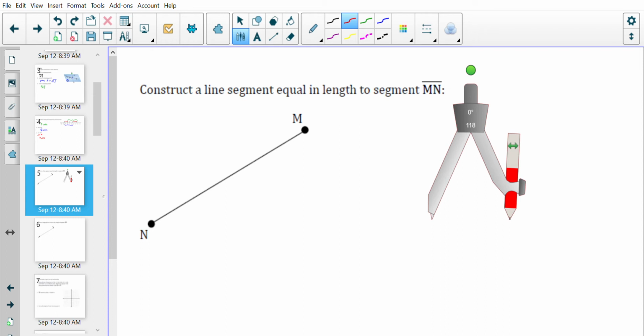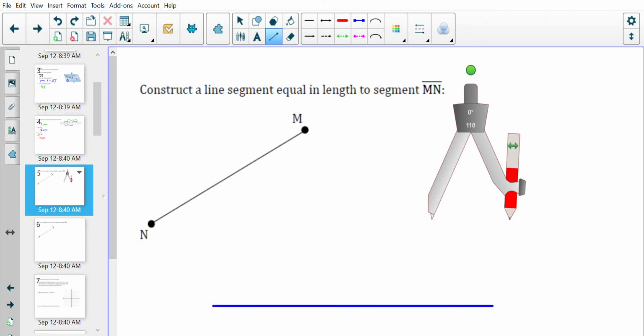Using a compass and a ruler is going to be much more accurate. So first thing that we have to do, if we want to construct a line segment, we know it's straight. So I'm going to use the ruler and draw a straight line out. I know we have endpoints N and M. So I know this end right here is going to be the copy of N.